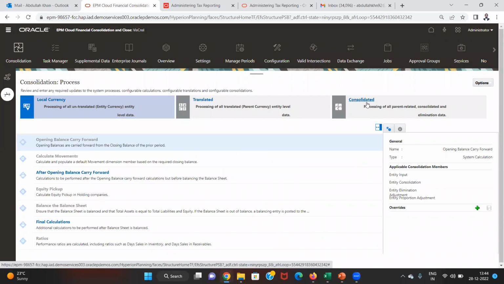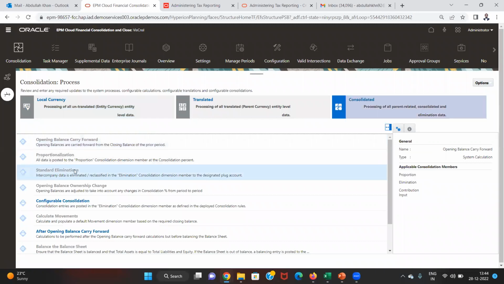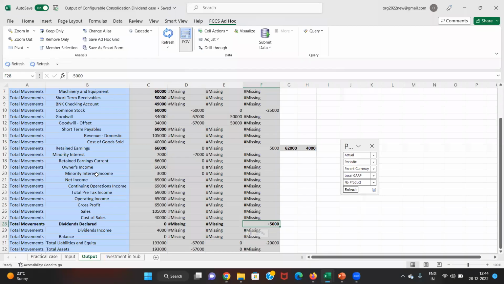If we go to consolidated, there are certain standard eliminations which are defined in the application. So it may be a case that it is getting standard eliminated when we are running consolidation, and this is hampering our use case. We are getting a double dividend of sorts, a 4,000 in excess.